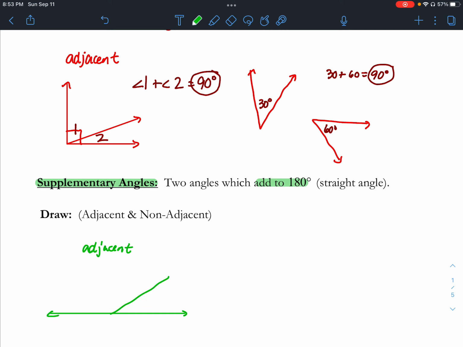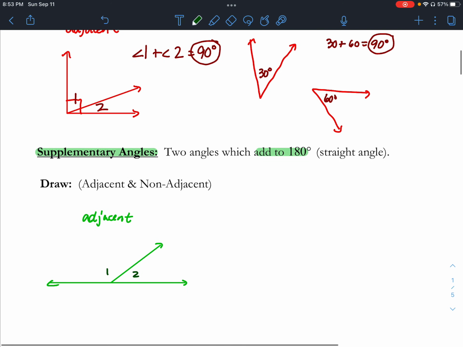And then we can have this angle coming anywhere between this and rotating anywhere around here. It does not matter where it goes. But if we end up with an angle number 1 and angle number 2, we can do something similar. Angle 1 plus angle 2. This time, though, they should equal 180 degrees for the supplementary version of that.